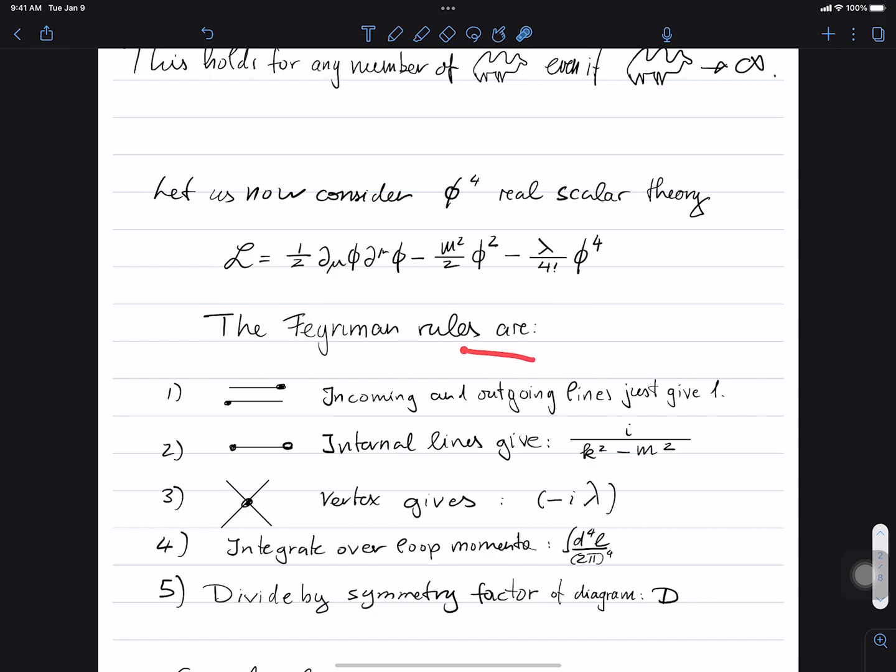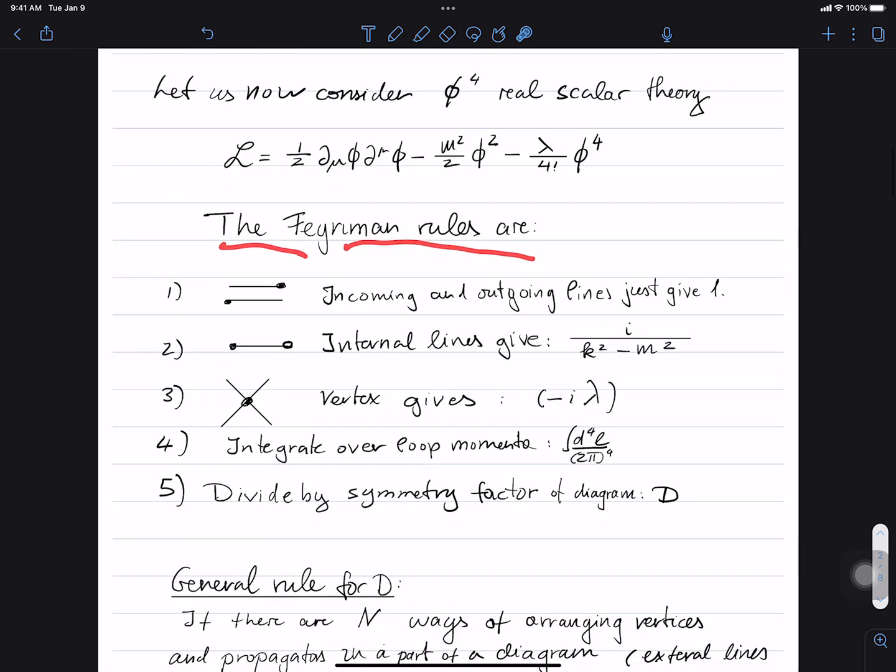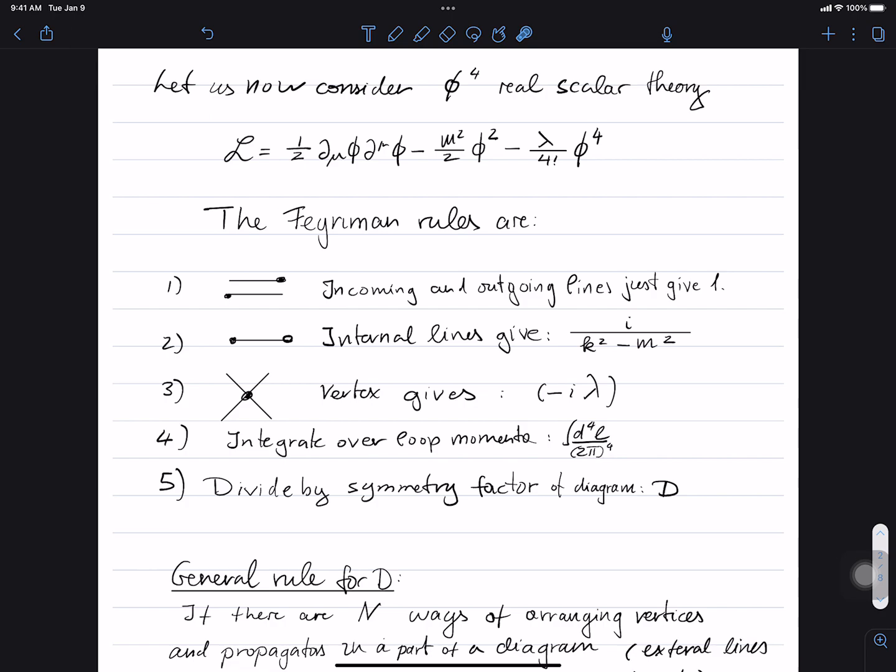The Feynman rules of this theory are similar to what we had learned. So the incoming and outgoing lines just give you ones, and they don't carry any arrows because this is a real field, it doesn't carry charge. The internal lines are propagators, and they give just i over k squared minus m squared, where m is the mass of this one field in the theory.